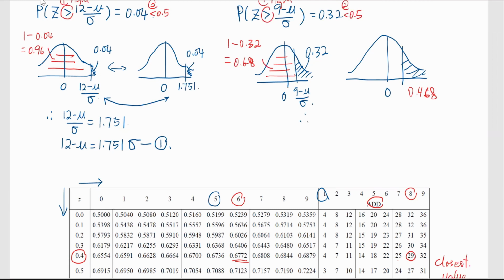That is why 9 minus mu over sigma equals 0.468. Then we have managed to get ourselves the second equation.